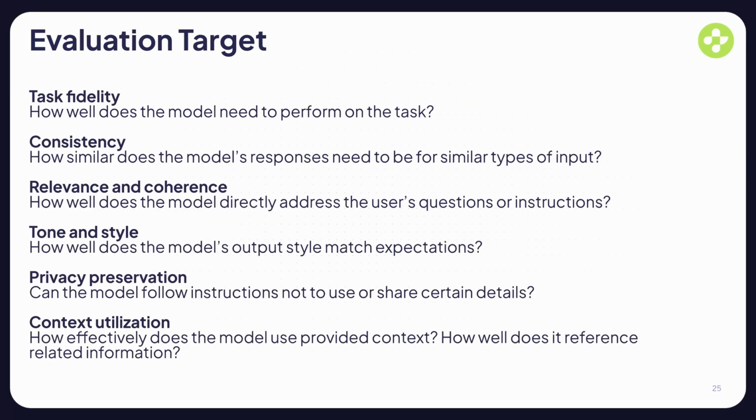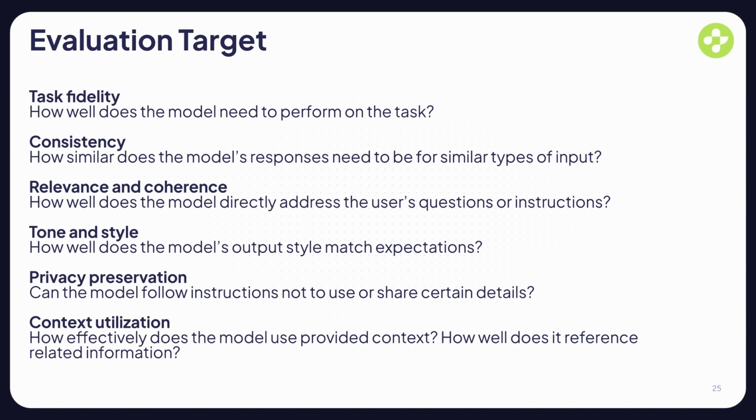So one thing to keep in mind is that there are different things you can evaluate. It's not just about the performance of the model, how well it does on a specific task, but also, especially when you're generating free text, how is it responding? Is it consistent in its responses? Is the tone or the style good? Is it empathetic? And, as I showed in the previous example, things like privacy preservation.